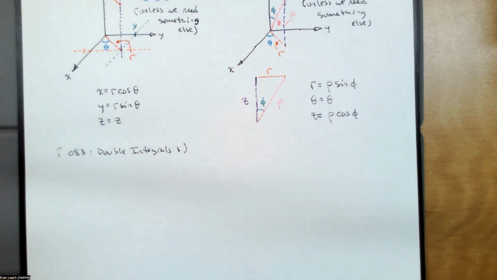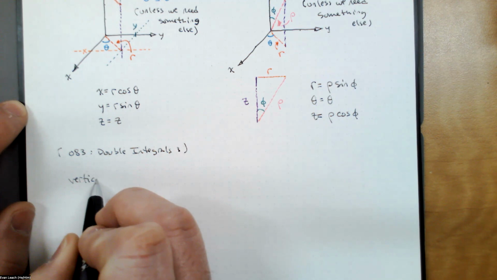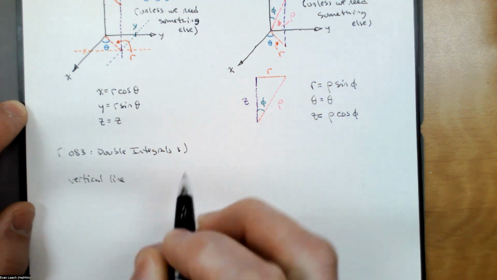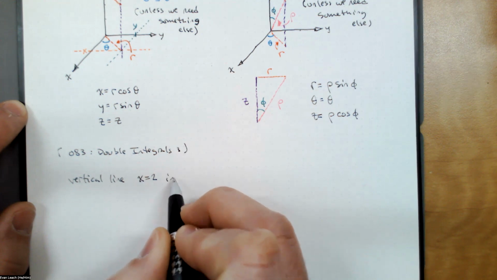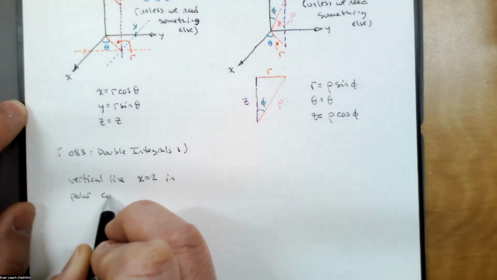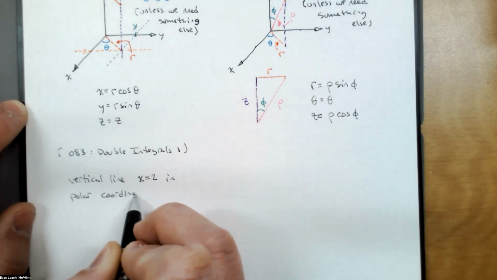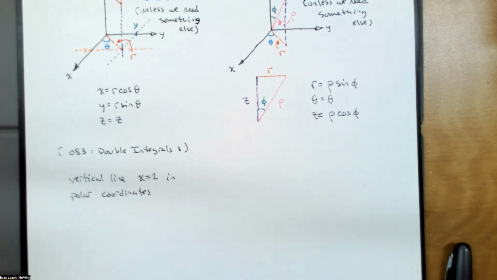So somehow we need to describe this vertical line, x equals 2, but in polar coordinates.